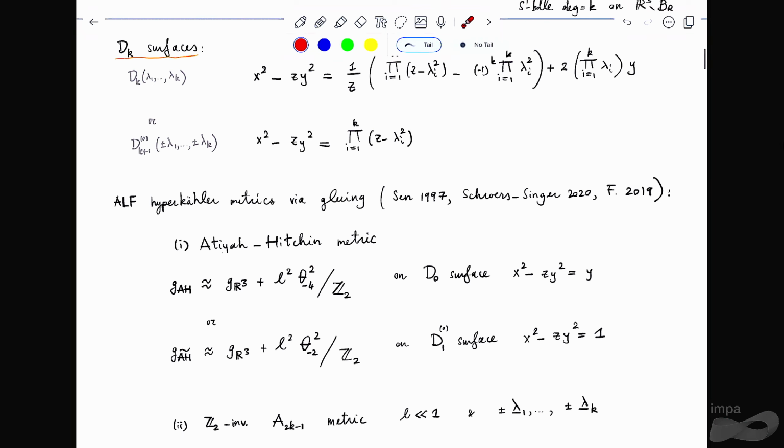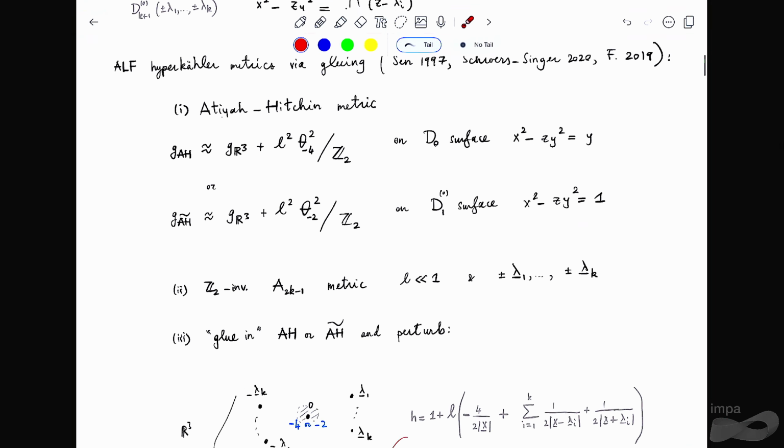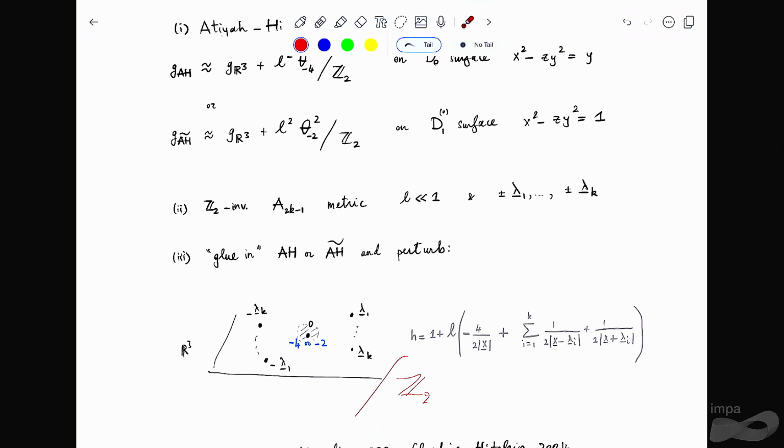Okay, so these are known, and then Sen's idea was to imagine something like this, where you start with a Gibbons-Hawking metric with 2k points distributed in a Z2-invariant fashion. And you also put some negative charge at the origin.